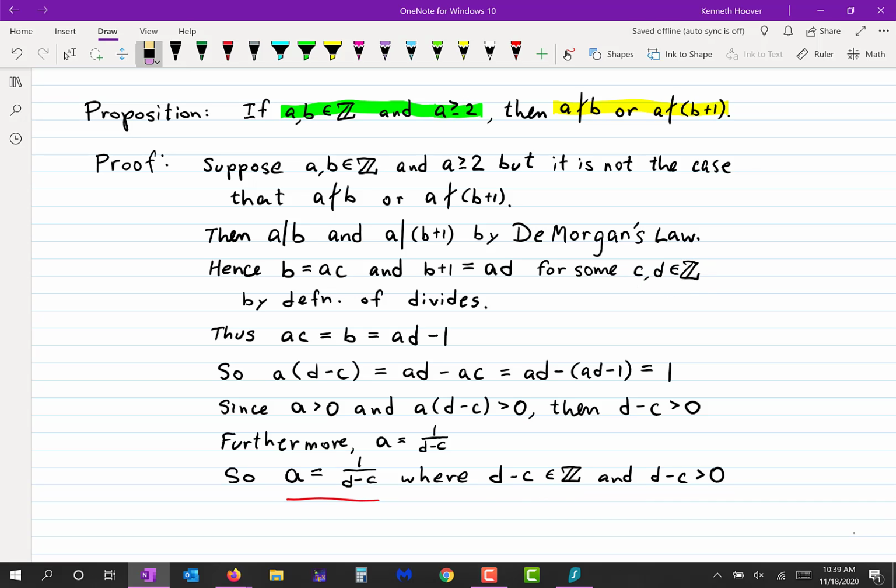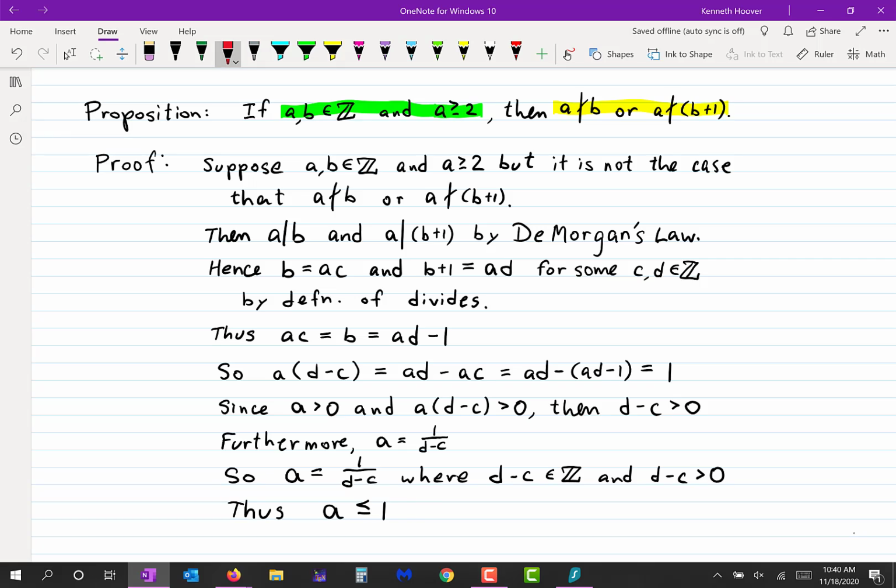Because together those 3 things tell me that A is equal to or less than 1, isn't it? Think about it. A equals 1 over a positive integer. So the biggest A could be is 1 over 1, right?